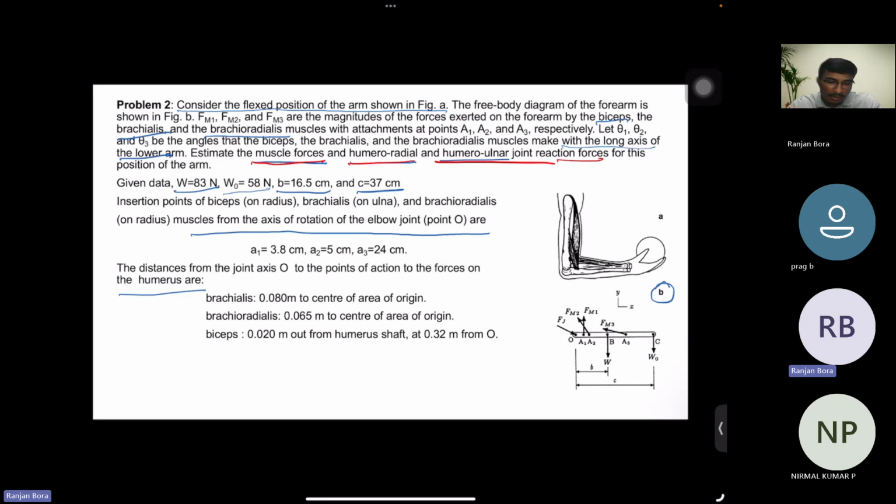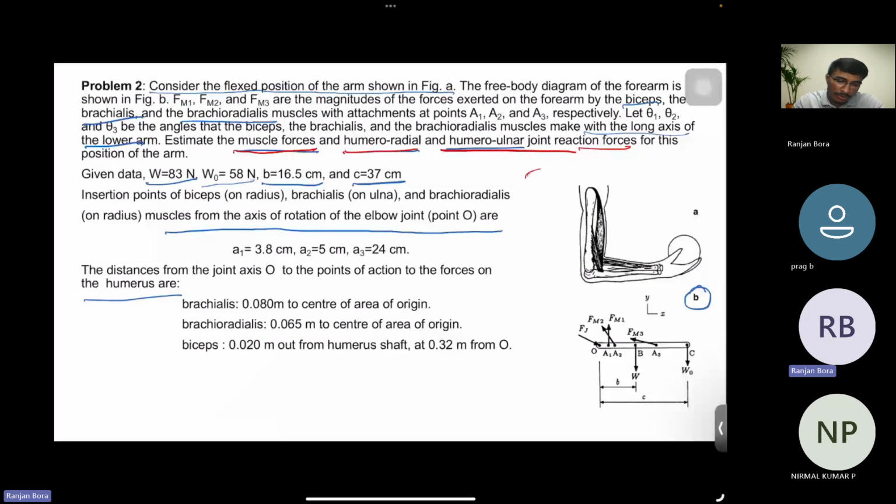Yeah, in this problem, there are three muscle forces: the biceps, brachialis, and brachioradialis. So M1, M2, and M3 are the three muscles. So we need to find three muscle forces and two joint reaction forces. So we have a total of five unknowns.